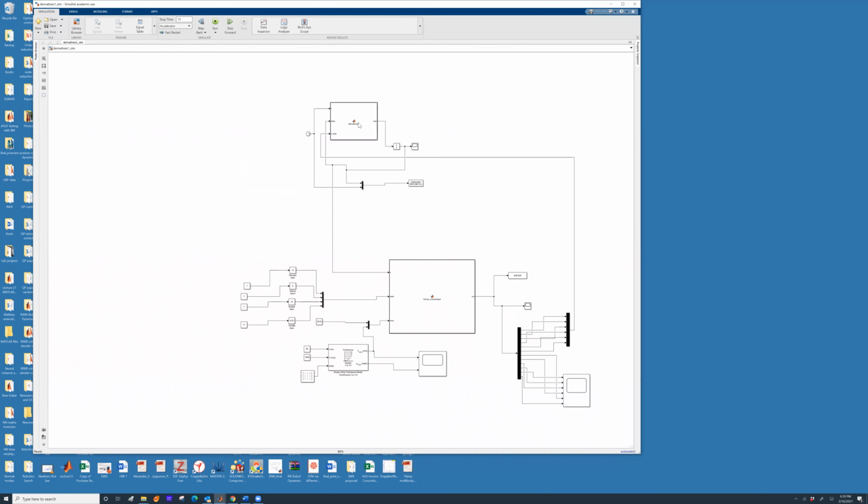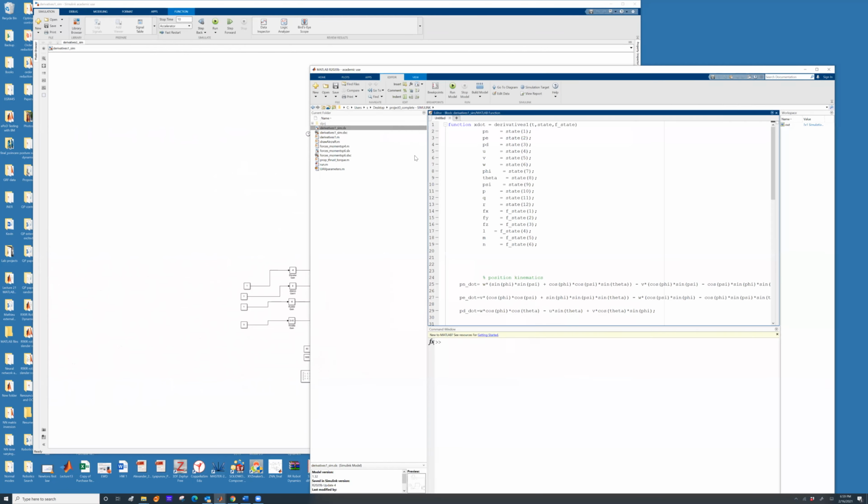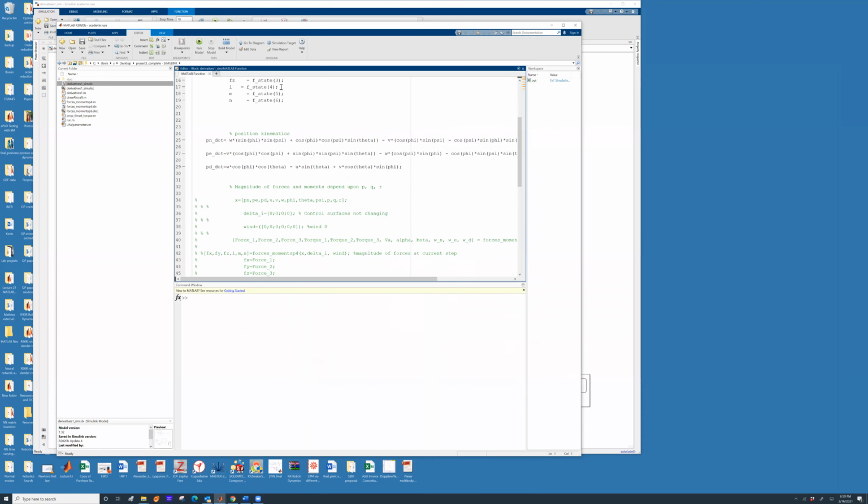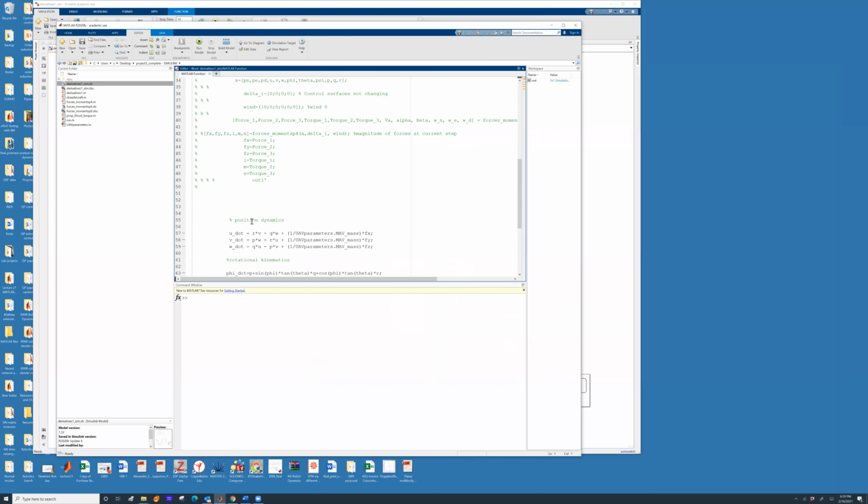First and foremost, I'm going to start with derivs 1. This is the same function that we have been playing with. If you look at this function, this is exactly the same function, but here is the difference. There is no external force.